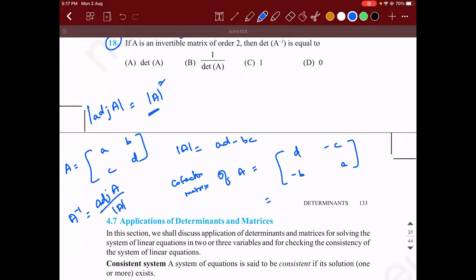Yes, sir. Now see. What is the adjoint of A then? d, minus b, minus c, a. Correct?